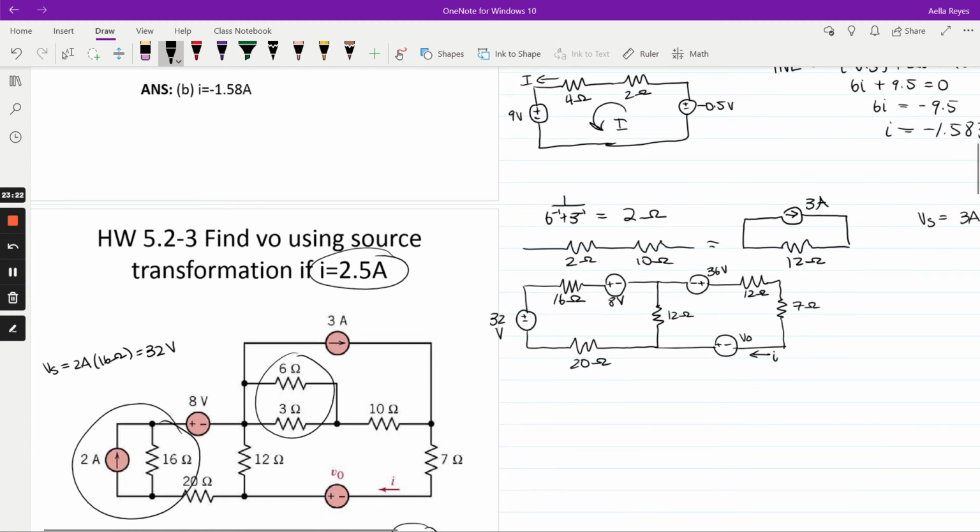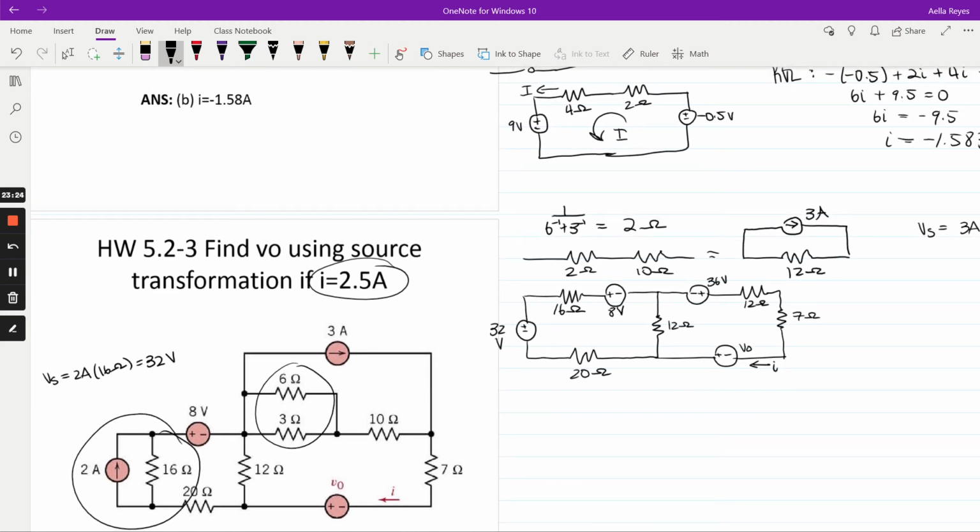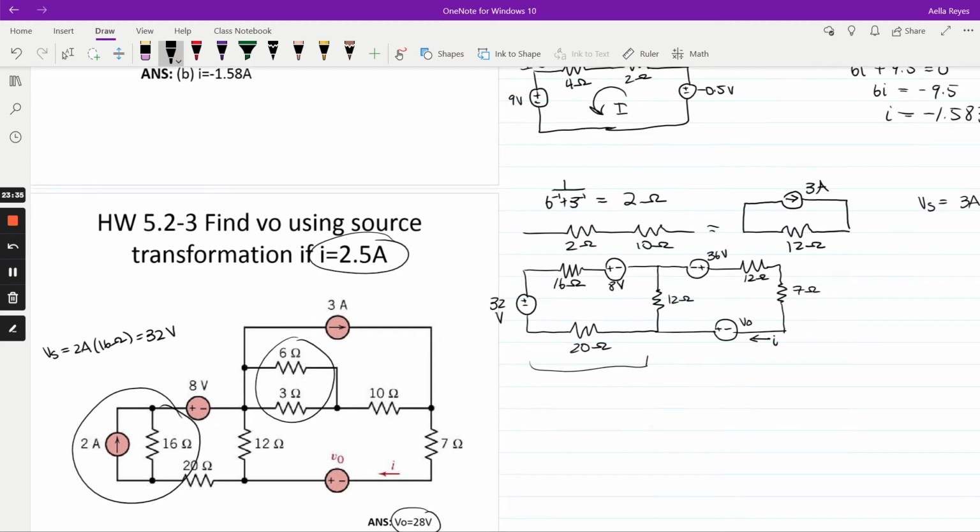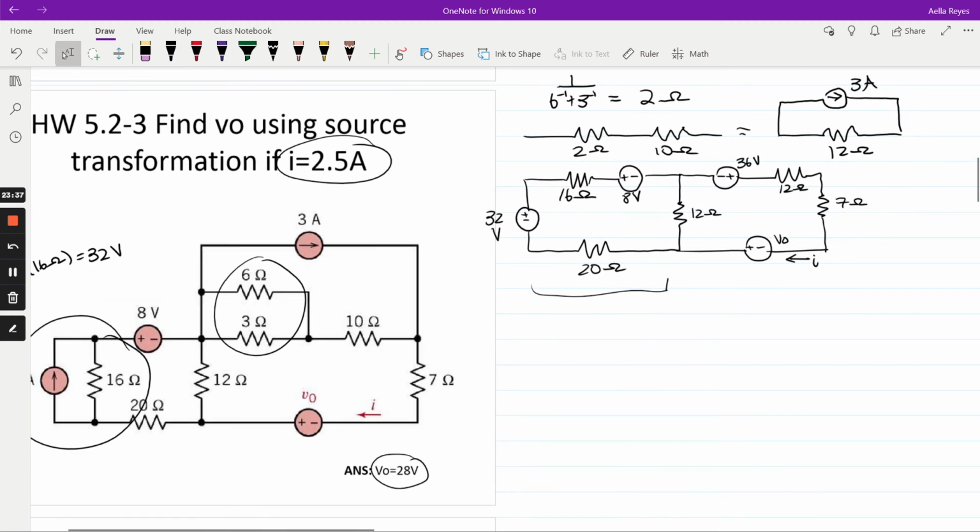Okay, so now what we want to do is combine the sources and the resistors in this mesh. So that's going to turn out to be this.